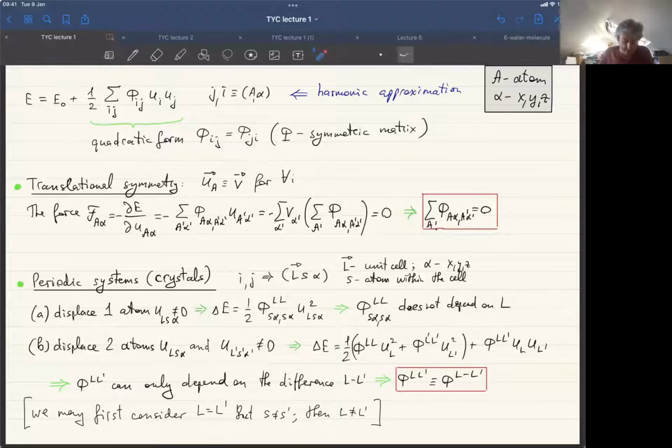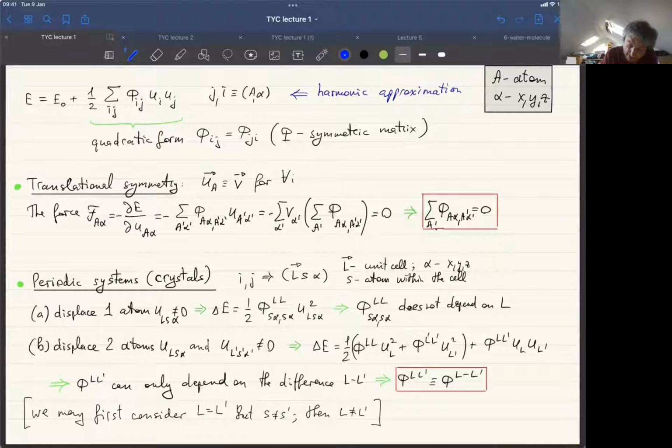So that can be reformulated in the following way. If we would like to calculate a force acting on an atom due to some displacement, we need to calculate minus the derivative of that energy with respect to some atomic displacement. Let me write it maybe.